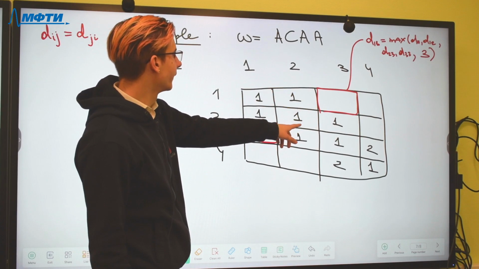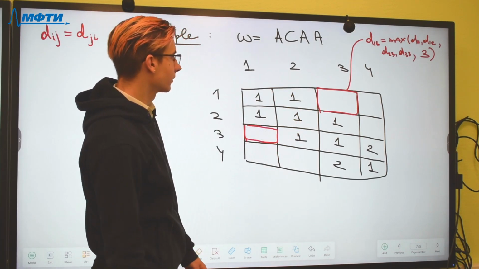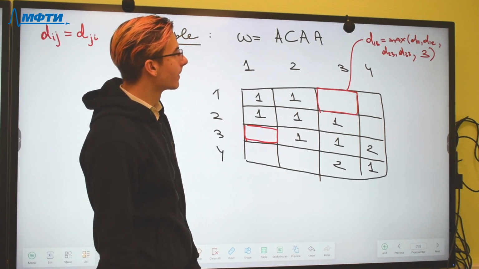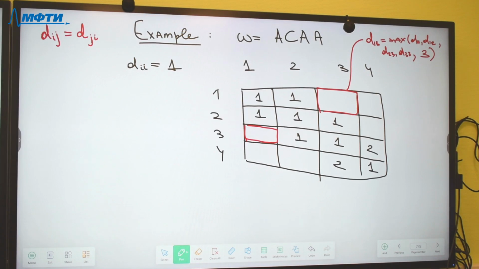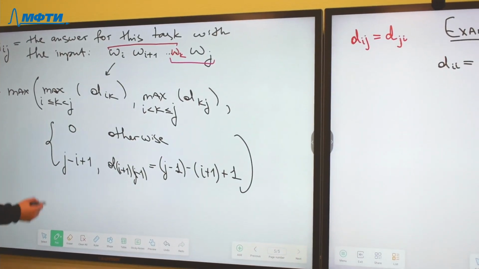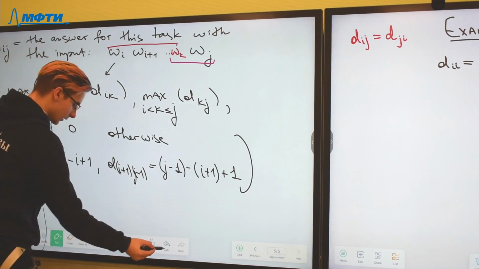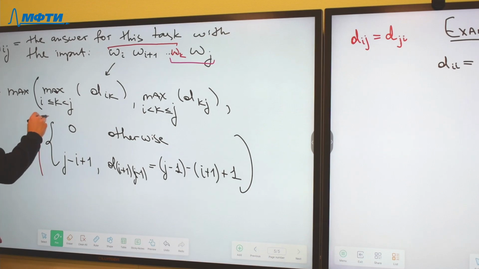So I see that we know D with index 1, 1 and 2, 2, 3, and 3, 3. I mean, why 3? Why do we have 3 at the end? Because of this. And you see that it is two special cases.